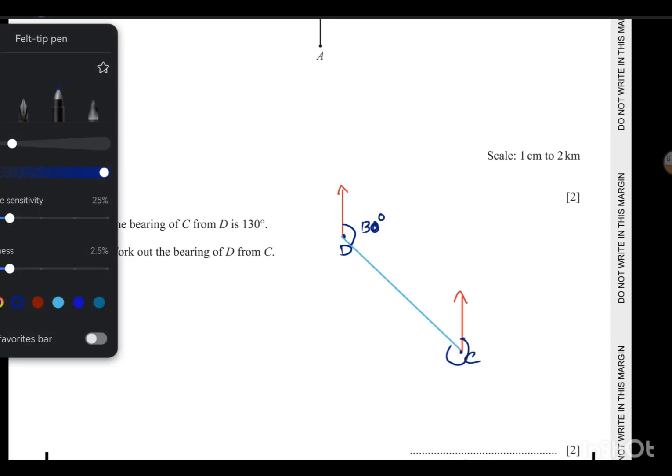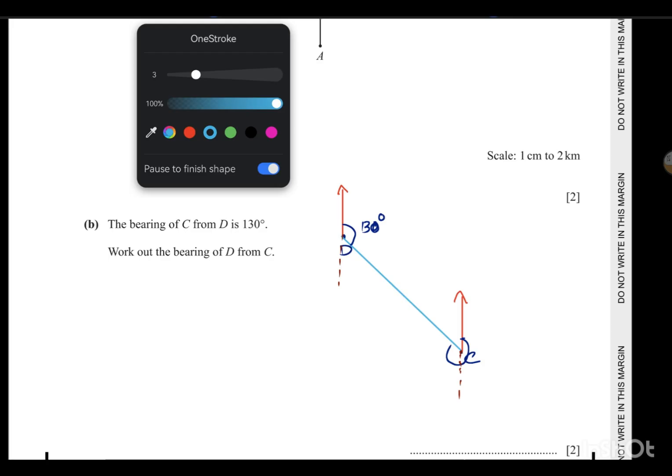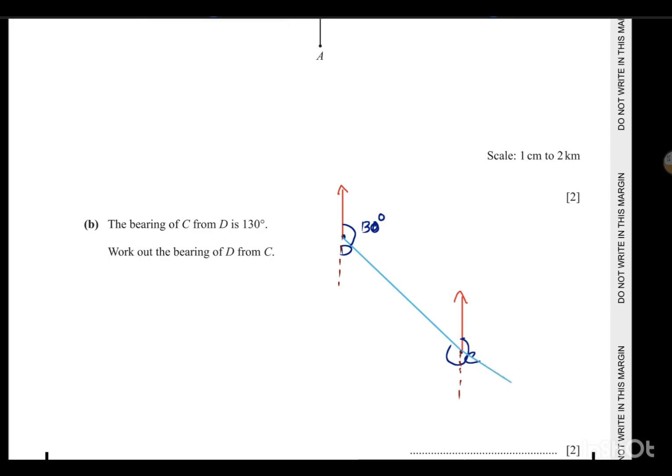So for that, let me extend this north line. So these north lines are parallel. And when I extend this line, it is like a transversal here. So what you see is this angle and this angle are equal. They are corresponding angles.